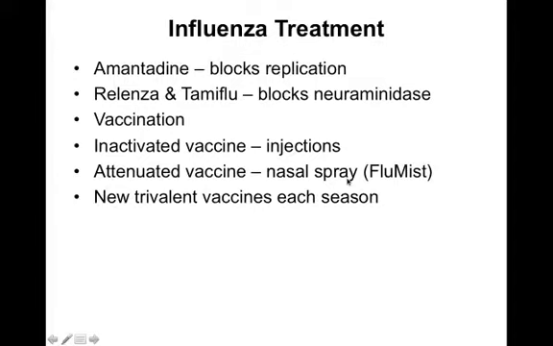So for that reason, we have to create new vaccines each year. The good news is that influenza mutates in a fairly standard, reproducible way, so we can predict what kind of mutations are going to occur. And that's how we can produce vaccines 6 months in the future.